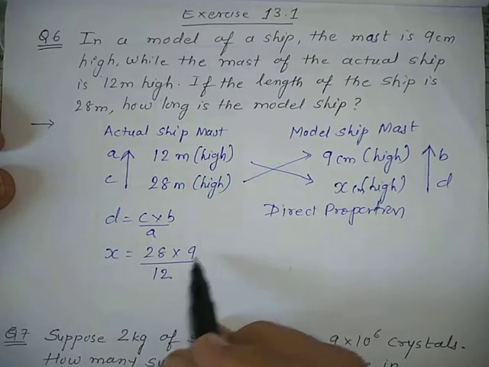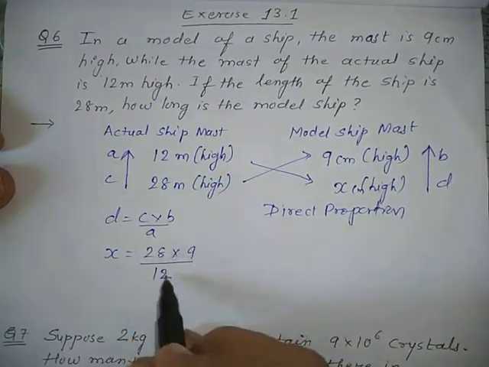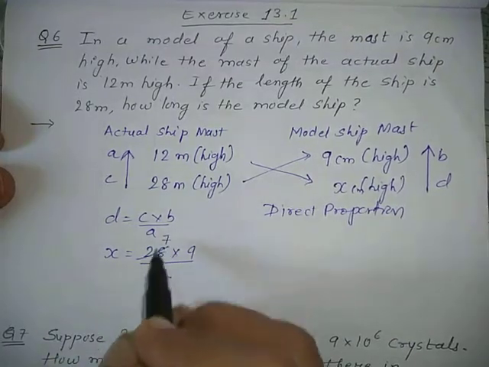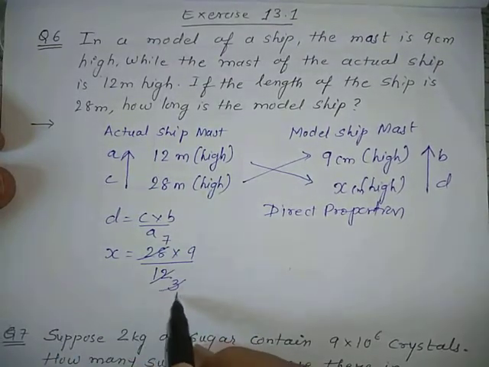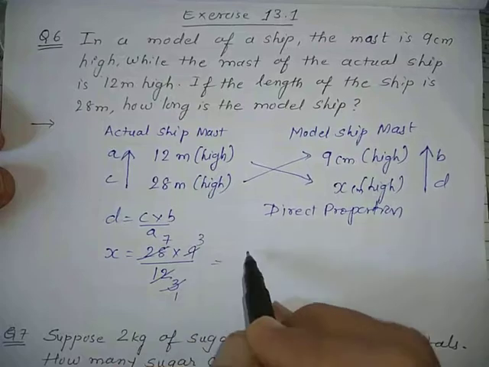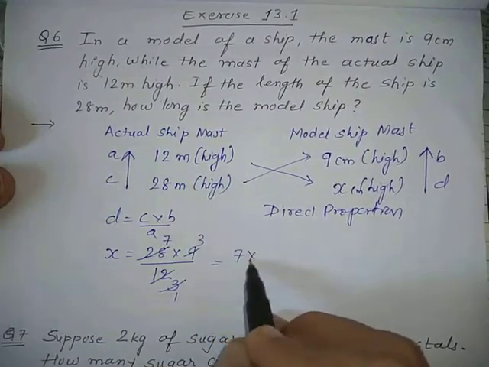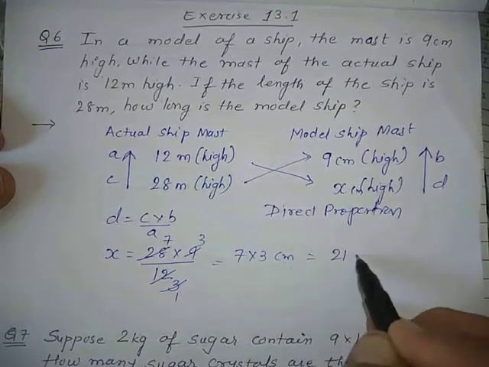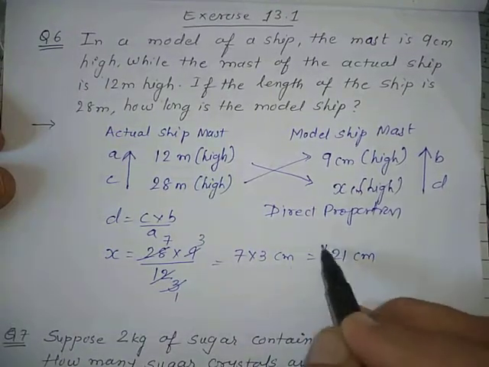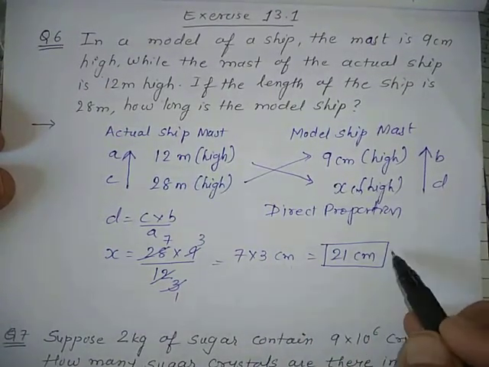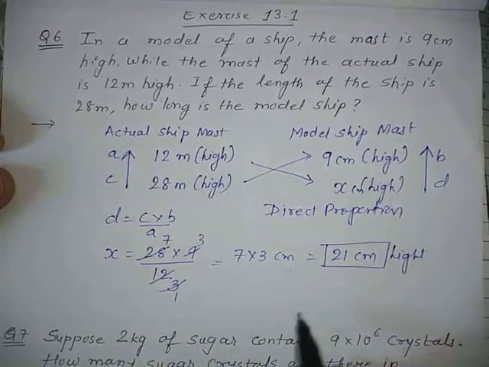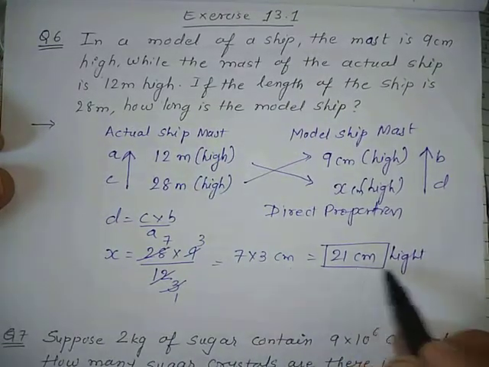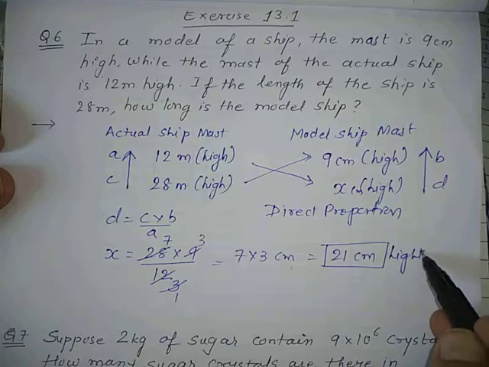Clear, friends? Now you can find 4 sevens are 28, 4 threes are 12, so 7 into 3 means 21 centimeter. Okay, the height is 21 centimeter.